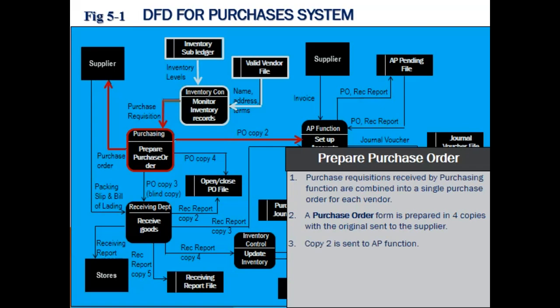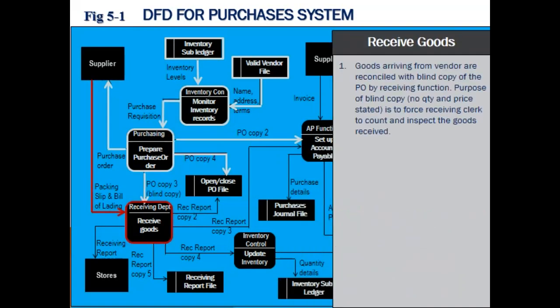Copy 2 of the PO is sent to the AP function. Copy 3 of the PO is sent to the receiving function as authorization for them to receive the goods when they arrive. Copy 4 is filed in the purchasing function as an open PO file. This will then be closed when the goods are received subsequently.